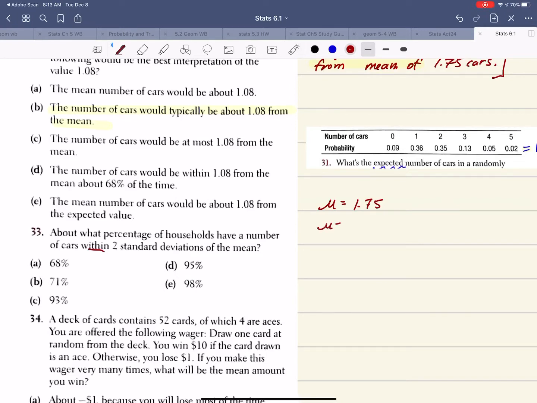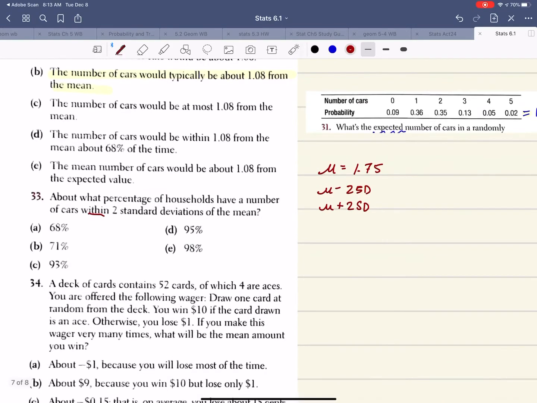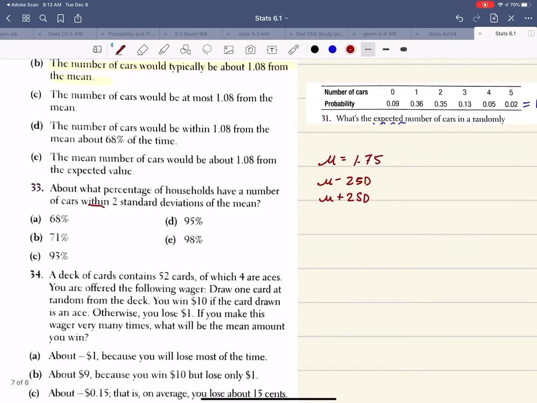So mu minus 2 standard deviations and mu plus 2 standard deviations from that mean. My mean is 1.75, and I want to add 2 times the standard deviation, which is 1.08. I also want the number that's 2 standard deviations less than the mean. So 2 greater than the mean and 2 less than the mean.